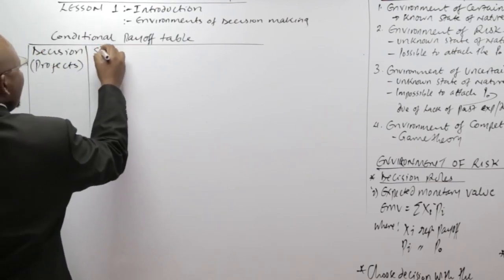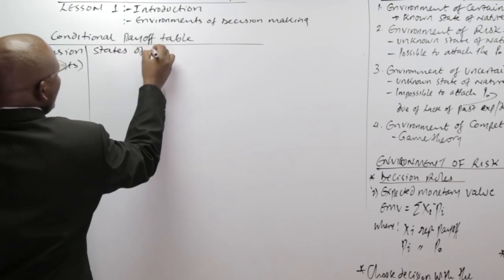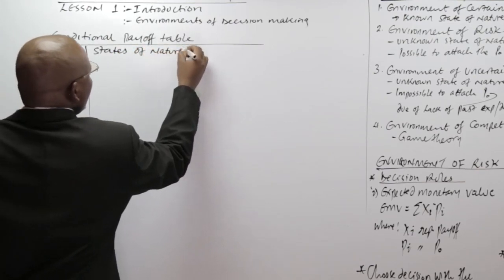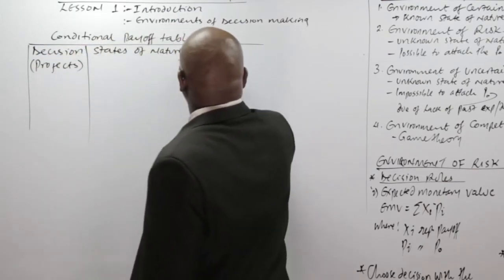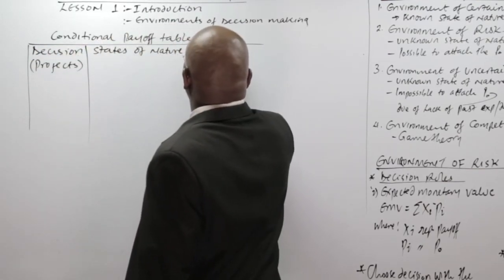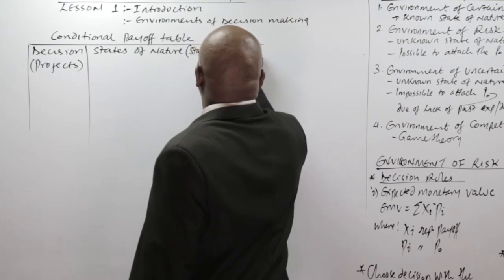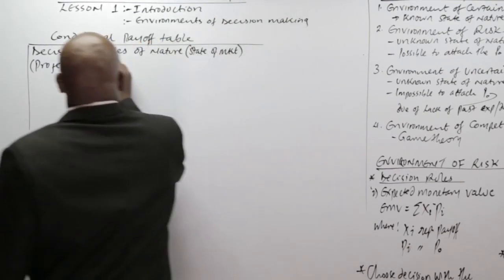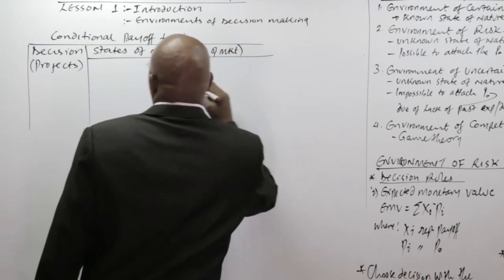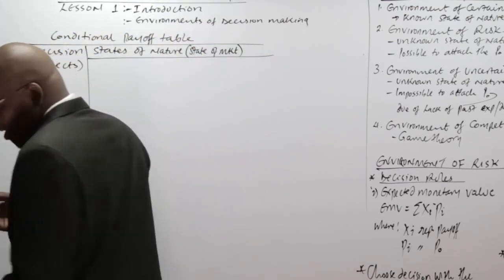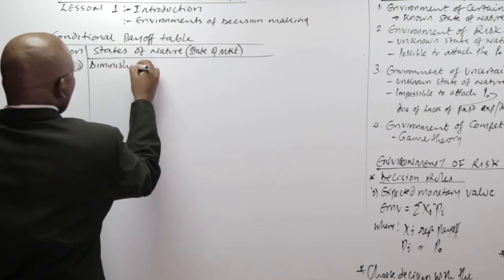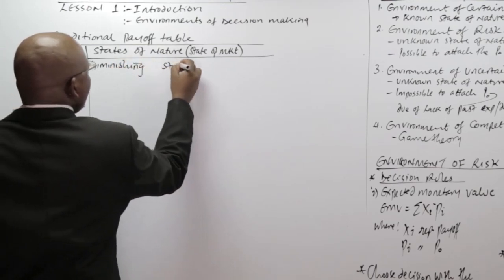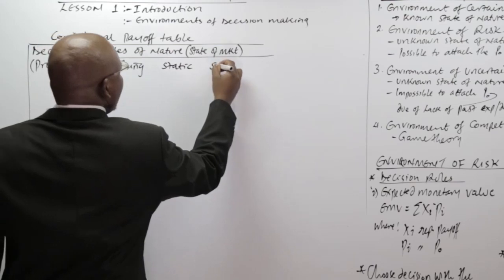Then you have the states of nature, which I've read as the state of market: diminishing, static, expanding.